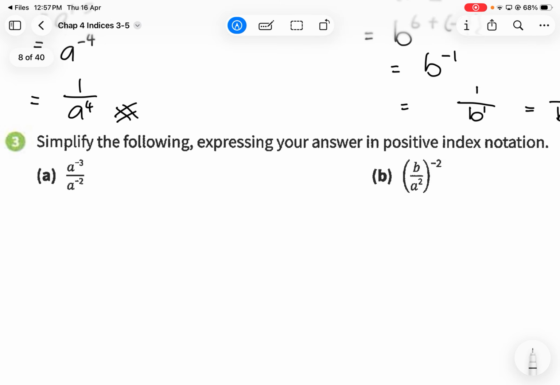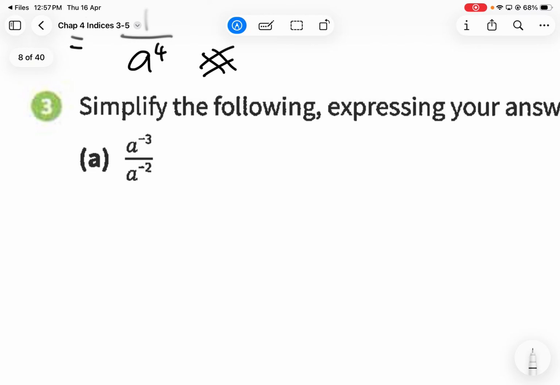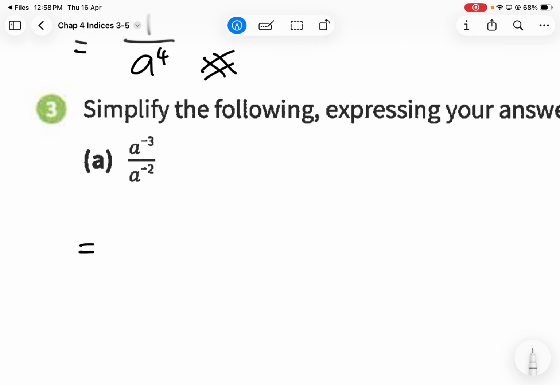Okay, question 3 also same. Positive index. This is a division. So, same base, division, I will take the power minus the power.